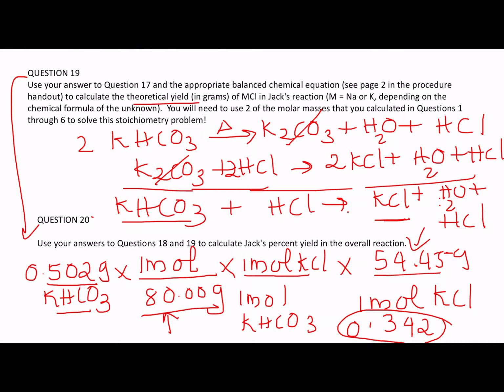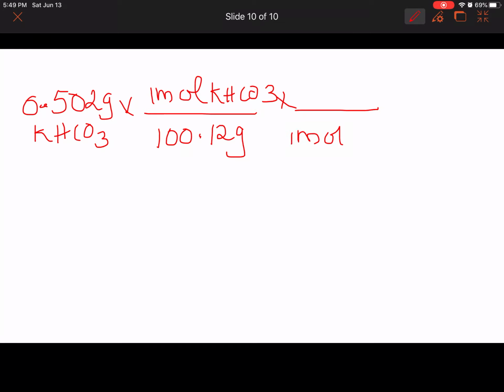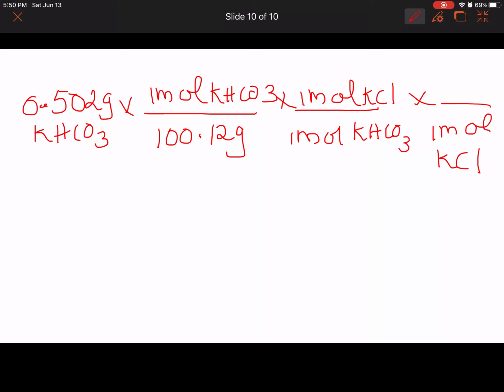Anyway, so let's see. What we need to do is we started with 0.502 grams potassium hydrogen carbonate, and then the molar mass of potassium hydrogen carbonate, 1 mole potassium hydrogen carbonate is 100.12 grams, and then the molar ratio is 1 mole potassium hydrogen carbonate gives you 1 mole KCl, potassium chloride, and then 1 mole potassium chloride is the molar mass of potassium chloride, which is again 39 plus 35.45.